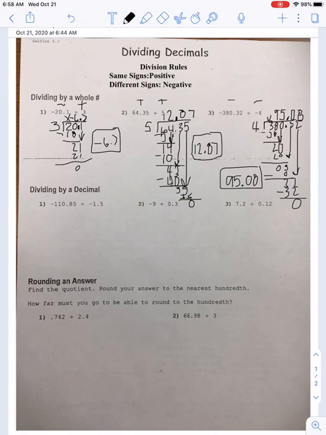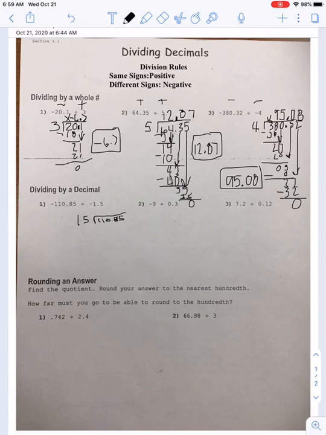So number 1 on dividing by a decimal, I would set it up. We have 110.85, and then we have 1.5 on the outside. When we were dividing by a whole number, we could just then divide.